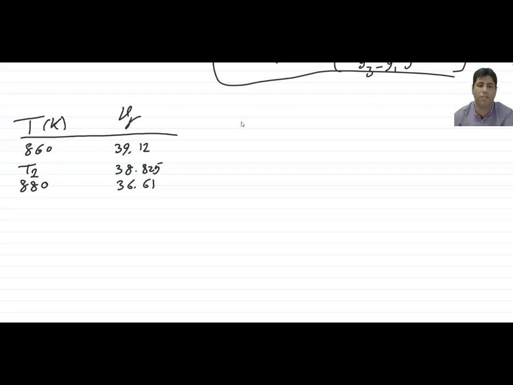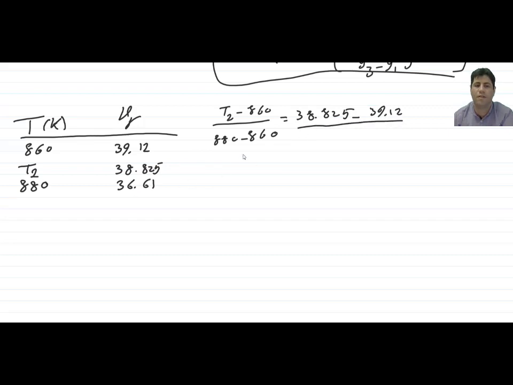If we write that equation simply, we can write T2 minus 860 divided by 880 minus 860 equals 38.825 minus 39.12 divided by 36.61 minus 39.12.